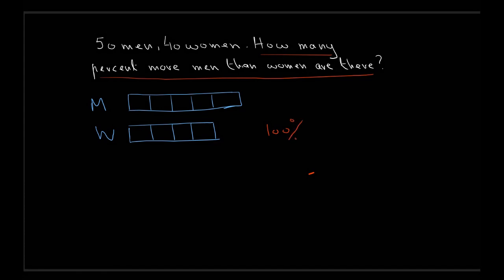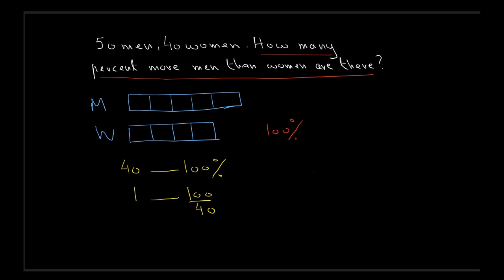So one way to do this problem would be that I'd find out that 40 women are 100%, which means that I can find out what one woman is. That's going to be 100 over 40.